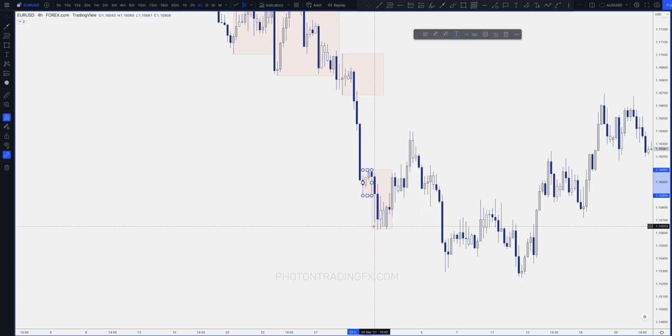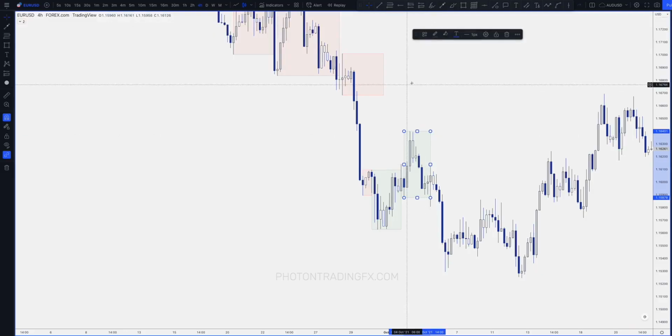We're in a demand range, right? So then we break up to the upside, and then from this low, we draw from low to the high.